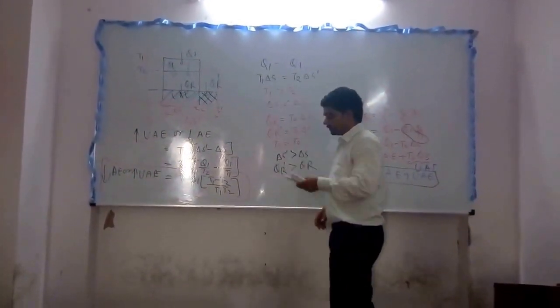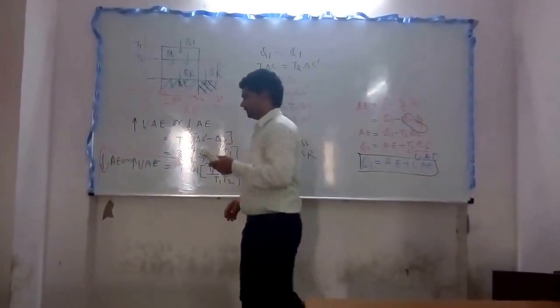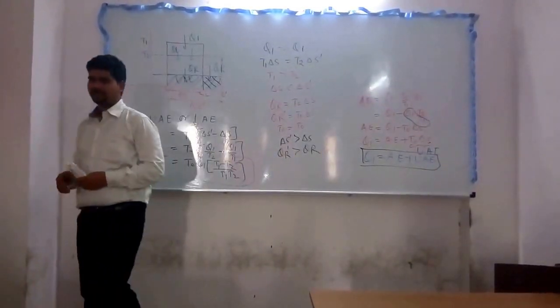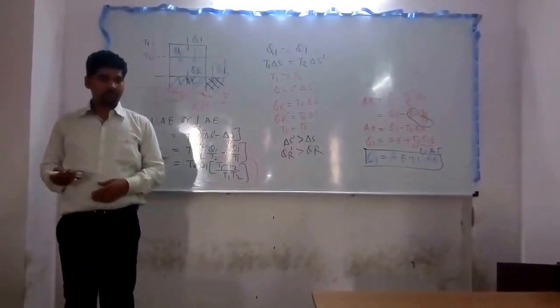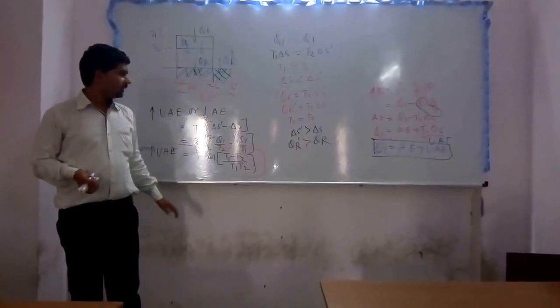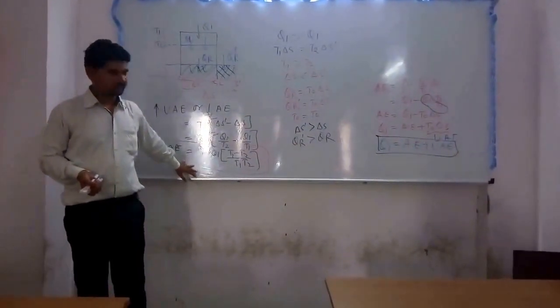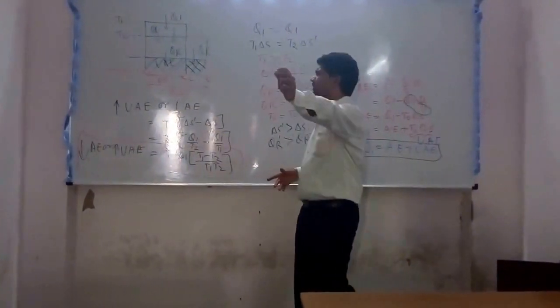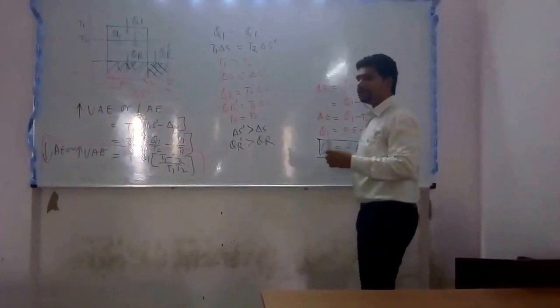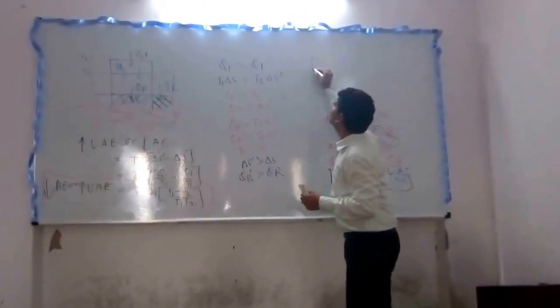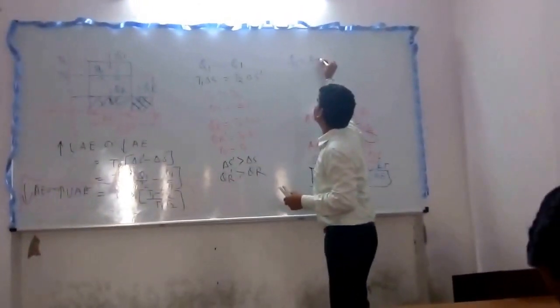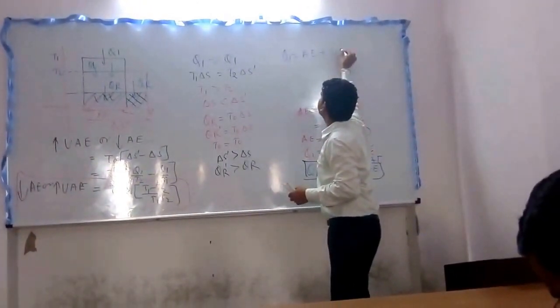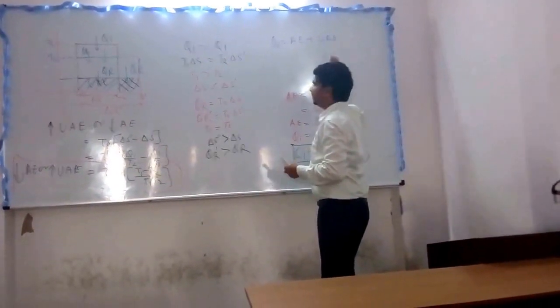This is the increase in unavailable energy. Look, one more thing: Q1 is equal to available energy plus unavailable energy.